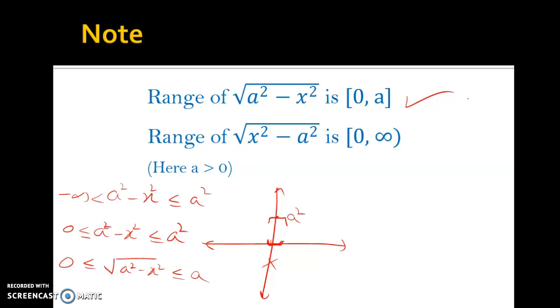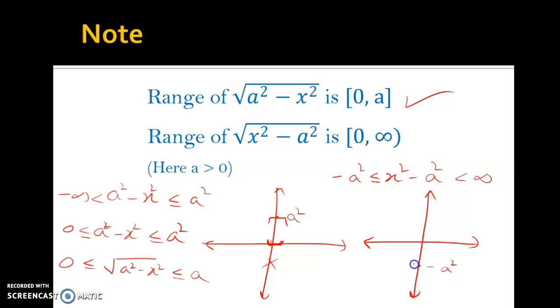Similarly, for the range of square root of x square minus a square, x square minus a square starts from minus a square. Its minimum value is minus a square and it tends to infinity. Plotting the range on the y-axis, it starts from minus a square and goes up to infinity.